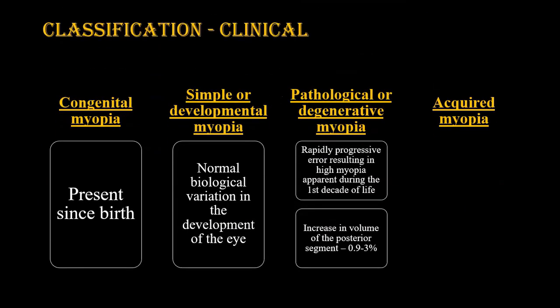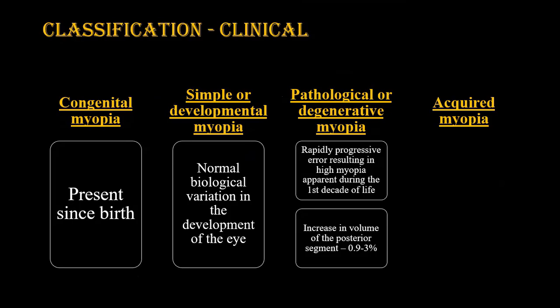Clinically, it is classified into congenital, simple, pathological, or acquired myopia. Congenital myopia is usually present since birth. Usually, the power will be around 8 diopters, and it's almost constant. It's more seen in children with ROP and other birth defects. Simple or developmental myopia is seen in normal biological variation in the development of the eye.